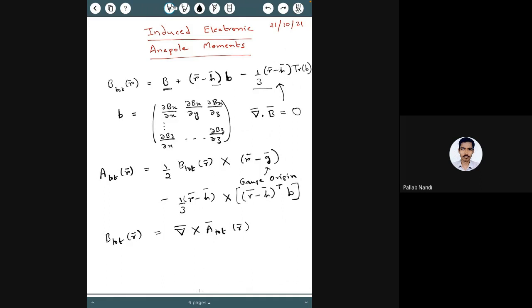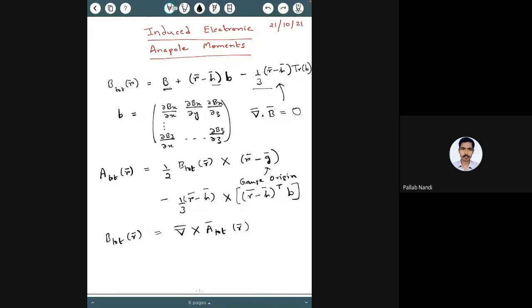Oh, it has not come from somewhere. This is the non-uniform magnetic field form that we are taking. This is a general expression for a linearly changing magnetic field. It is not coming from somewhere.